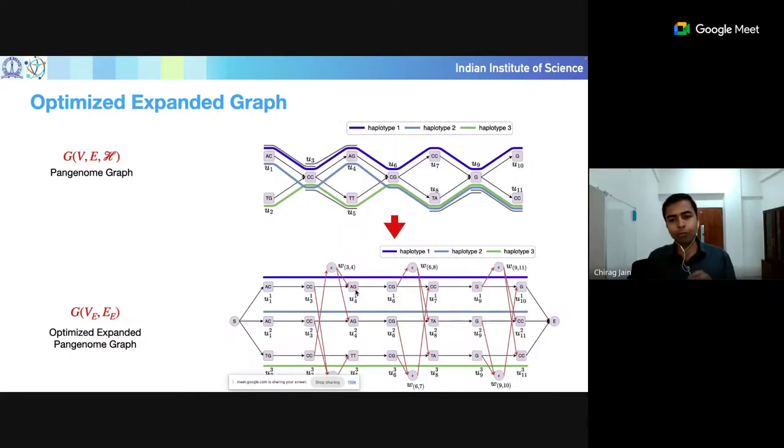This way, the number of recombination edges between adjacent columns remains linear. Okay. So now, once we have this optimized expanded graph, I'm going to start framing my integer programming variables and constraints.